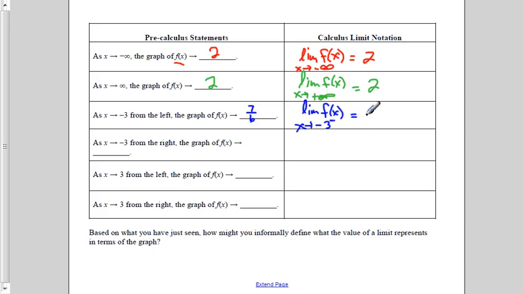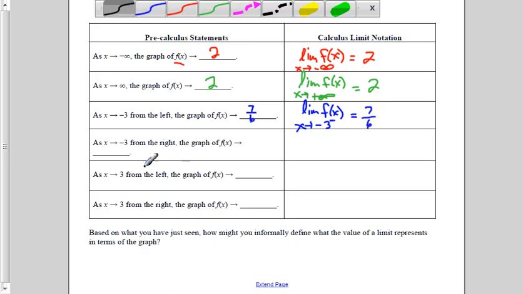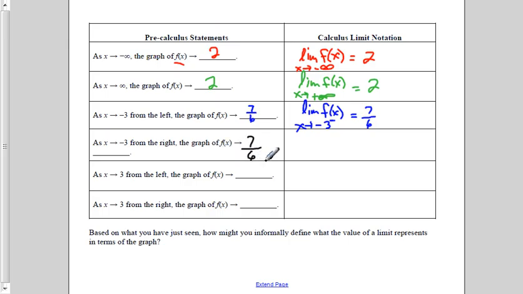This is also going to equal 7/6. And now, as x approaches negative 3 from the right, it's approaching that hole. That's also going to be 7/6. So the limit of the function as x approaches negative 3 from the right, which is the positive direction, equals 7/6. There'll be something we'll talk about later on with that.